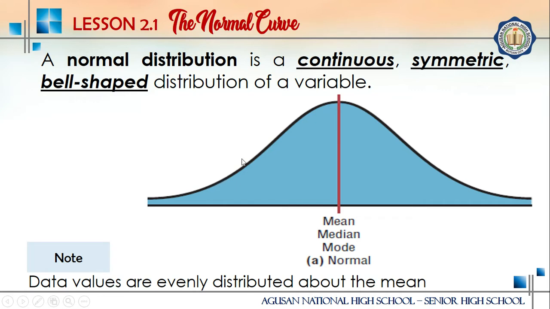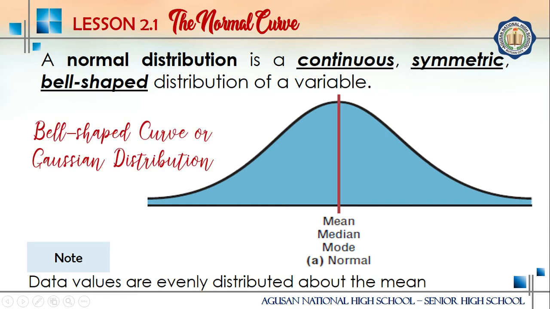And then, look at the graph. It looks like a bell. Therefore, it is called a bell-shaped curve or a bell-shaped distribution. It is also known as Gaussian distribution because it was named after a German mathematician and physicist, Carl Friedrich Gauss.